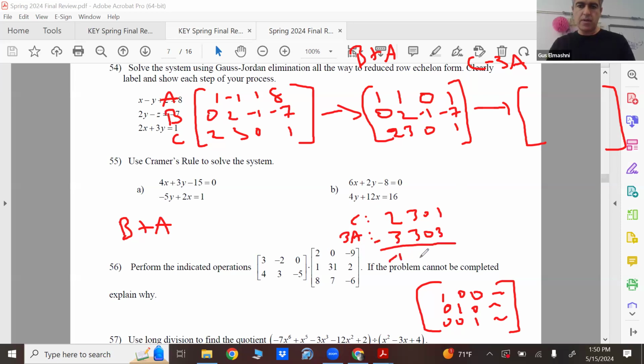So we get -1, 0, 0, -2. Does that make sense? Why does that go into the A1? So I want to change it. I chose to change it. It's your choice. I could change the third row if I wanted to. But I chose to change the first row. It's up to you.